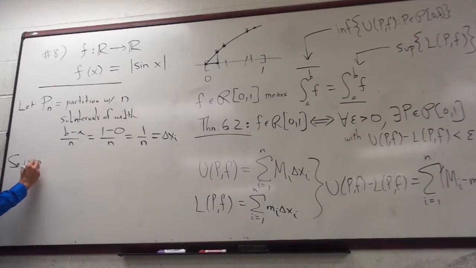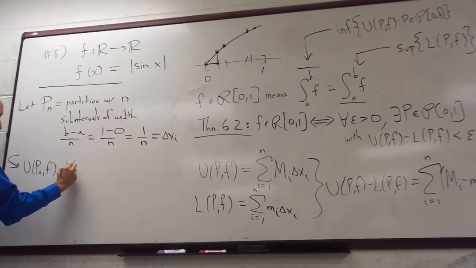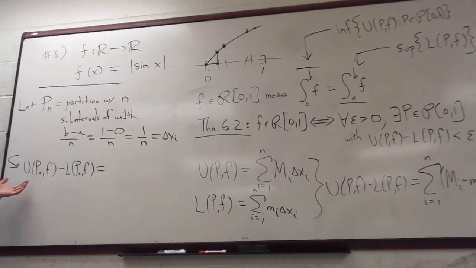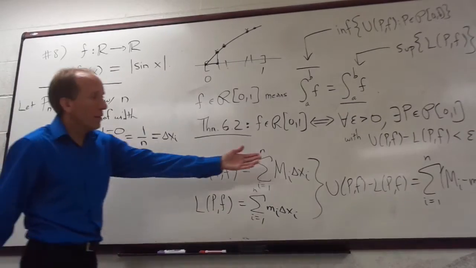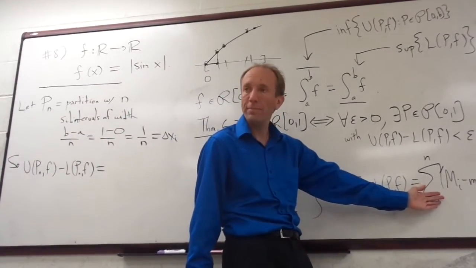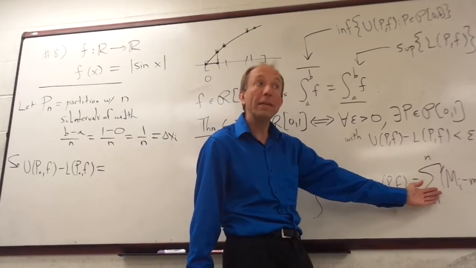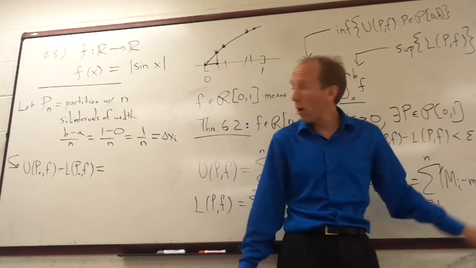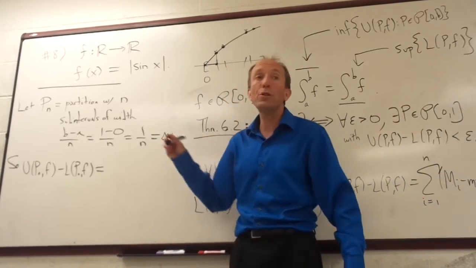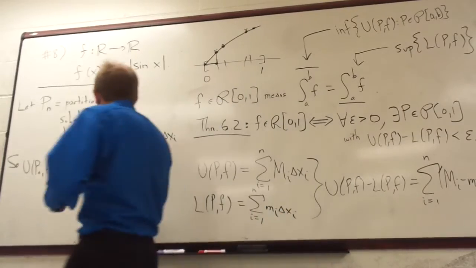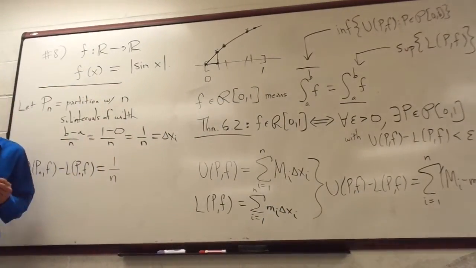So U(Pn, f) minus L(Pn, f), if we subtract these, here's my formula right here. In this formula, all of the delta xi's are the same number, just 1 over n. I'm going to factor that out.